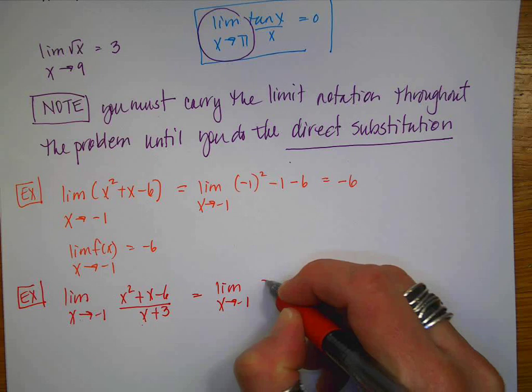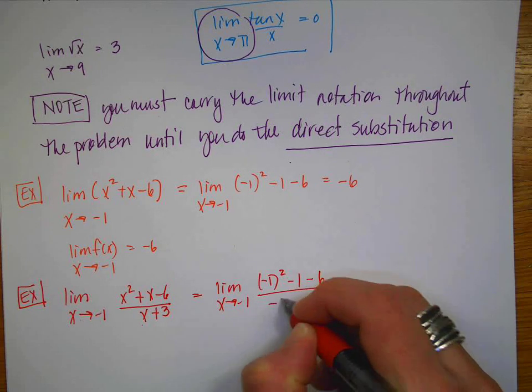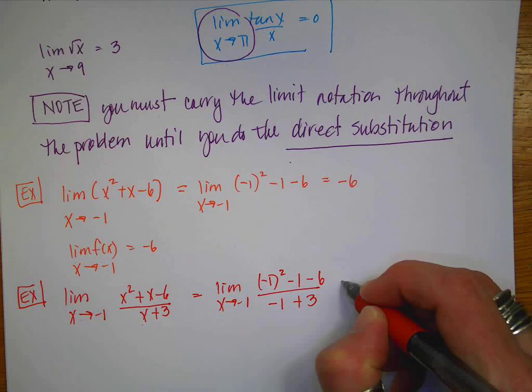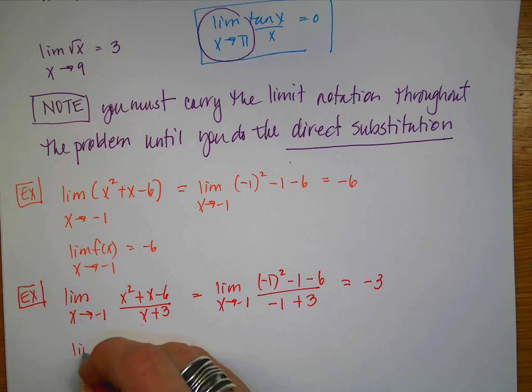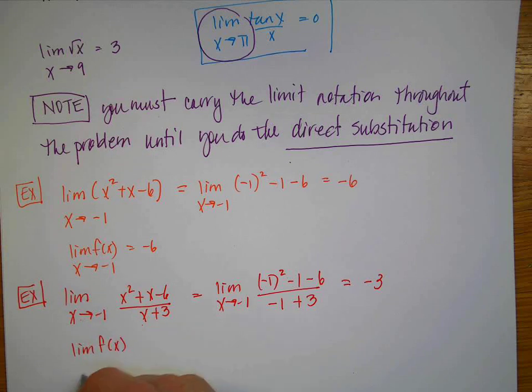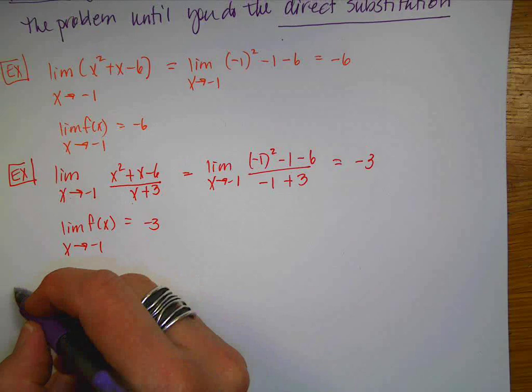So here's the limit as x approaches negative 1. I have negative 1 squared minus 1 minus 6 over negative 1 plus 3. Do all that math, and I get negative 3. Write my nice polite statement at the end. The limit as x approaches negative 1 is negative 3. So direct substitution is really, really nice because when it works, that means I have less work to do.